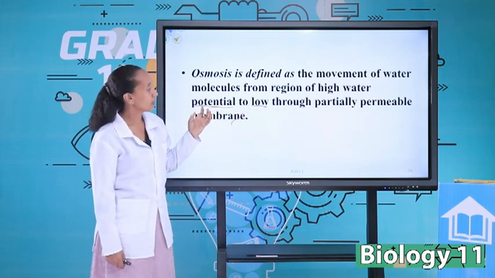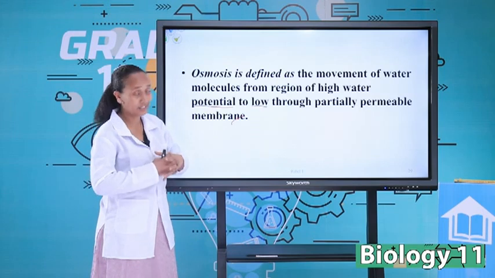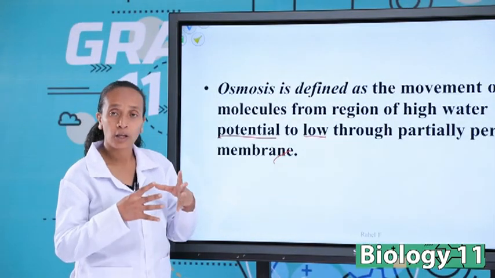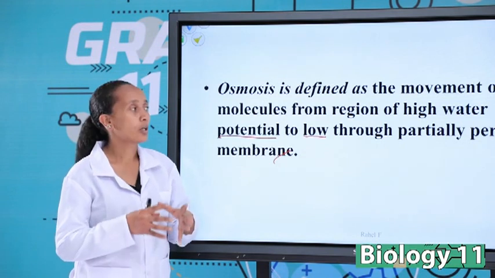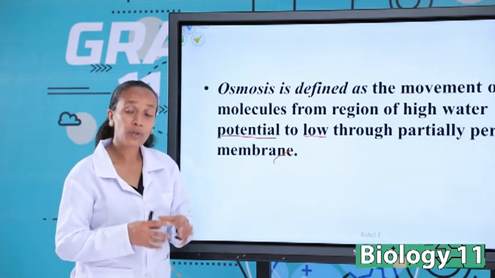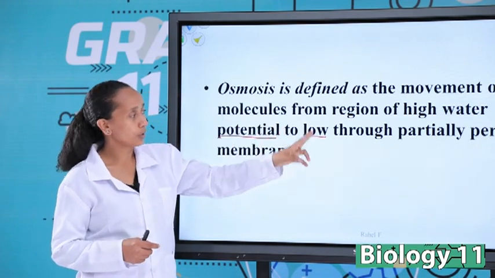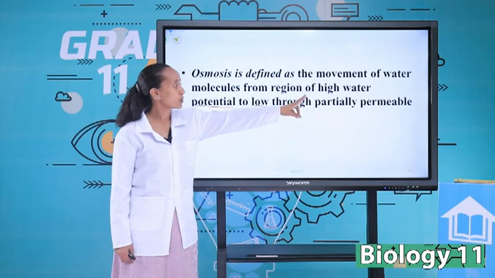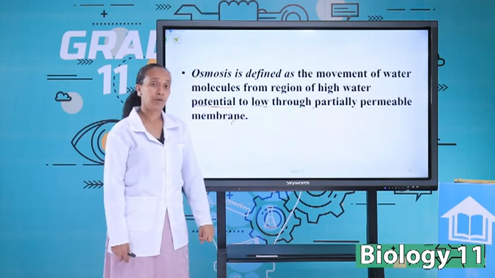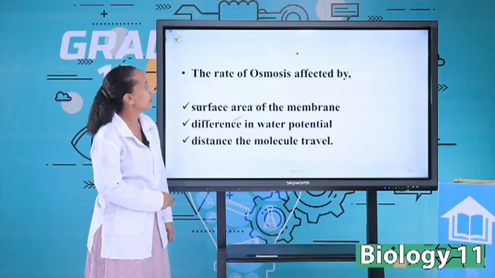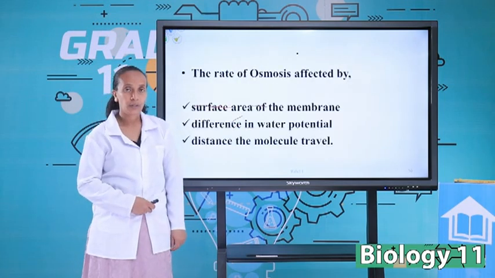You have to put these important terms in your definition. Osmosis is a process by which water molecules can be transported from a region of high water potential to a region of low water potential through a partially permeable membrane. This is how we can define osmosis.